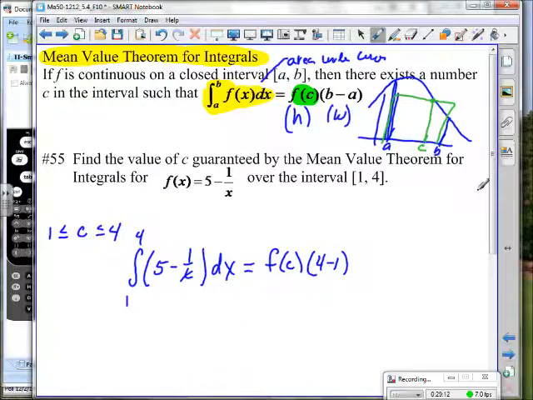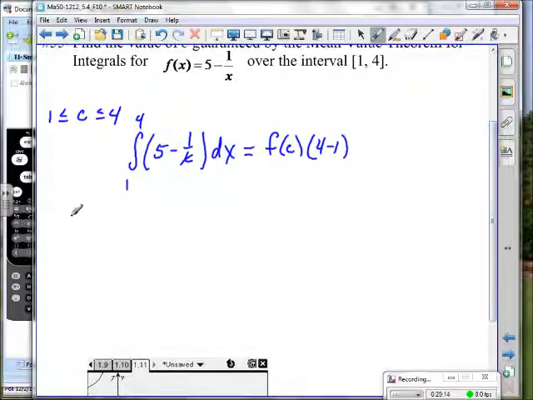Okay? So, let's work on this side. Can we rewrite this? It's going to take a little bit of work, isn't it? Got to find the antiderivative of this.